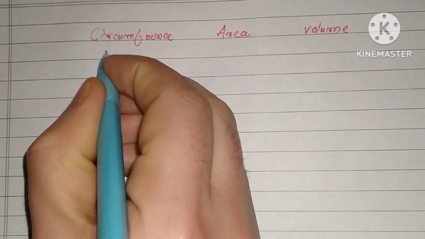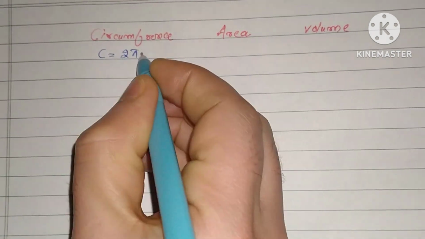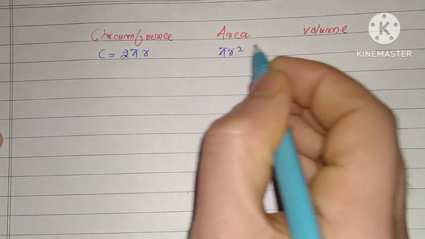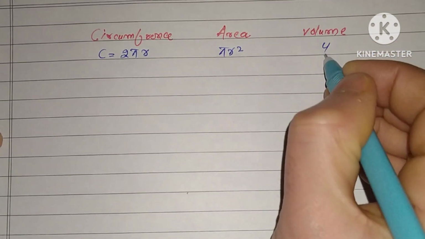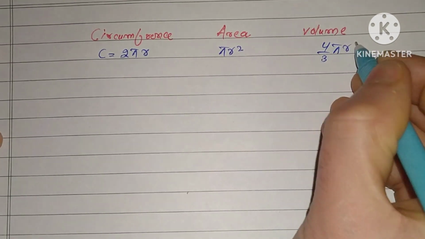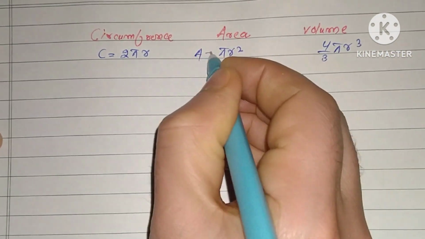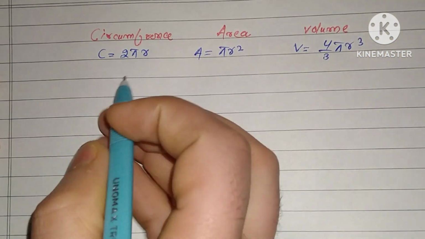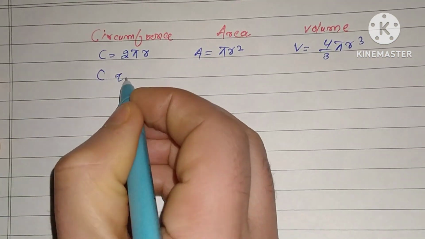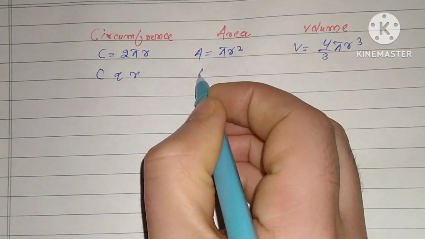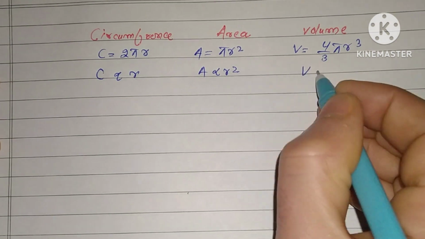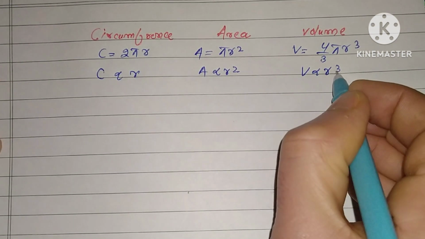Circumference is 2 pi r, and area of circle is pi r square, and volume of sphere is 4 by 3 pi r cube. Circumference is linearly related with radius, area is related with radius parabolically, and volume is related with radius cubically.